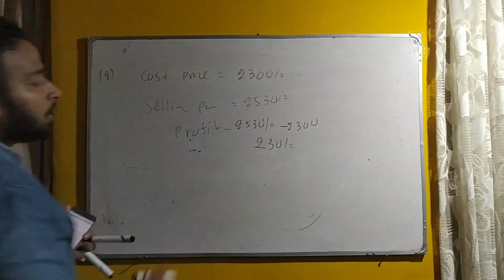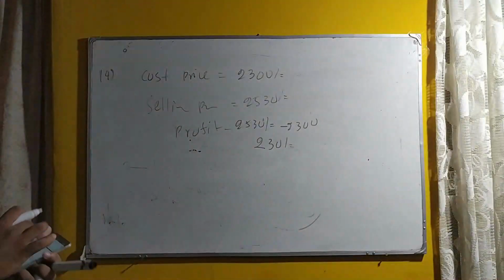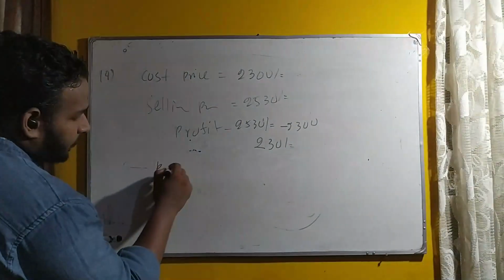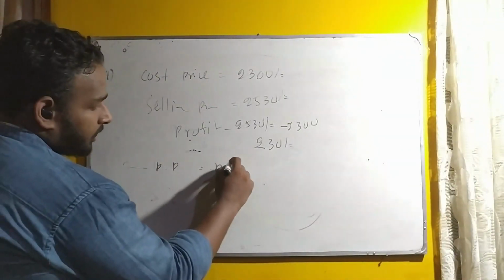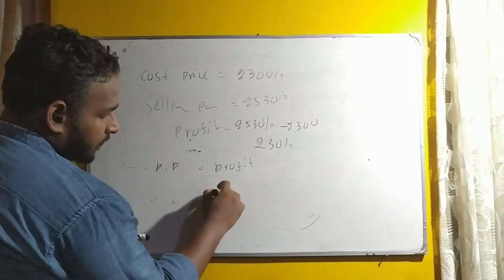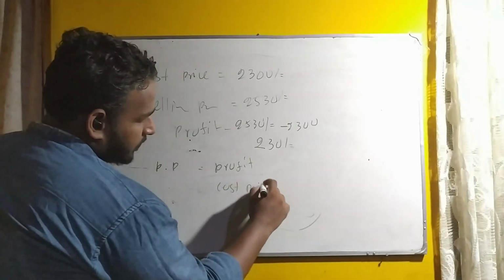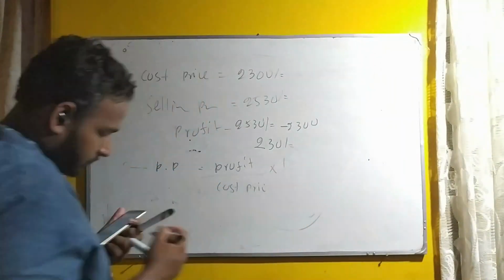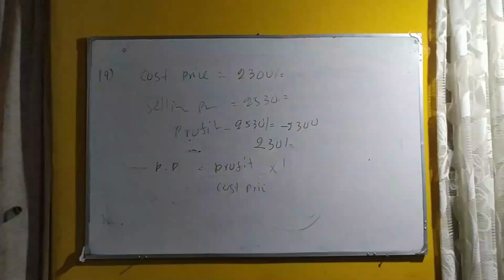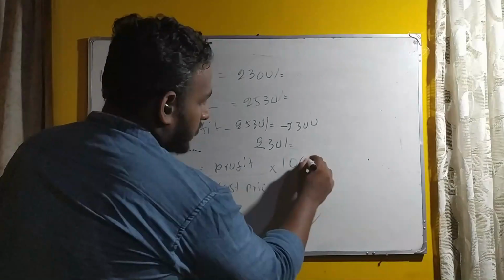So the answer is 230 rupees. This is profit, but they are asking profit percentage. So what is the equation for profit percentage? Profit over cost price into 100.